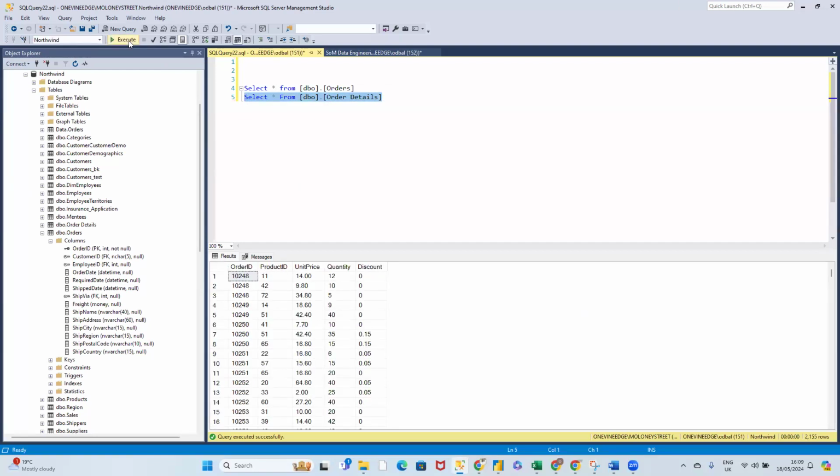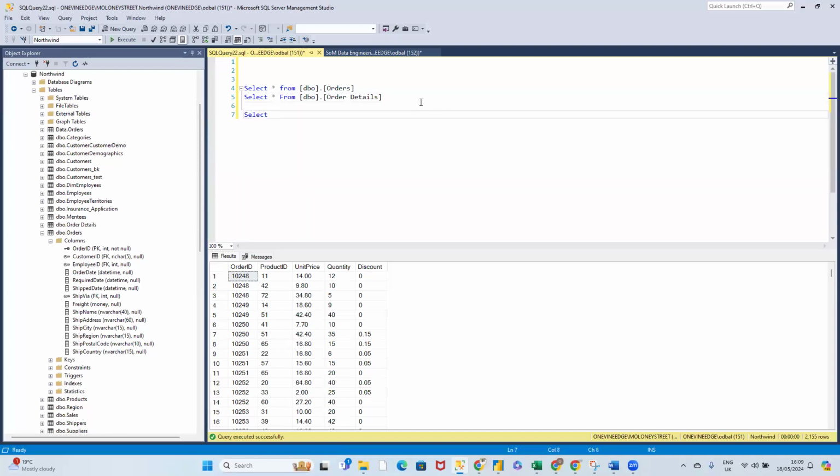Now, there's a relationship between your order details table and your orders table, and also to your product table as well. So in your order details table, you have the order ID, product ID, unit price, quantity, and discount. Now let us do it.